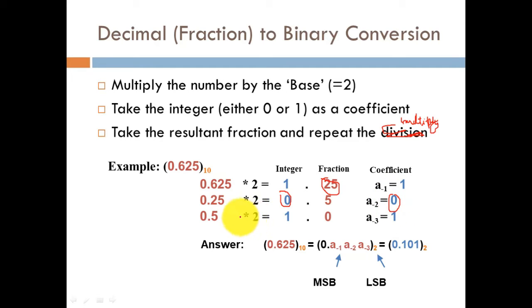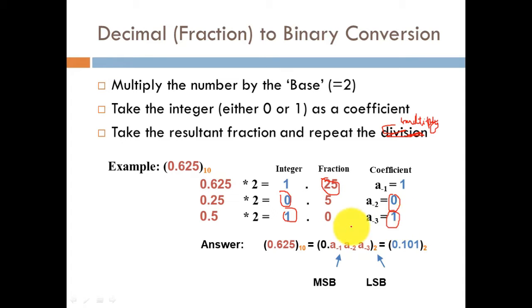Next, in the third step, we again multiply the fractional part, that is 0.5, with this 2, and the outcome turns out to be 1.0. So this 1 is the integer part and we write it down here, and the fractional part turns out to be 0. Please keep in mind that we need to continue this exercise till the fractional part is equal to 0.